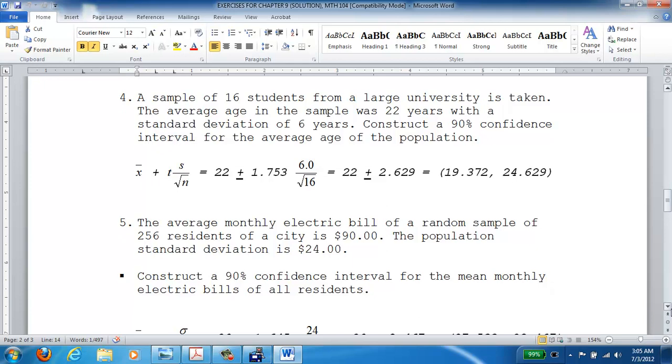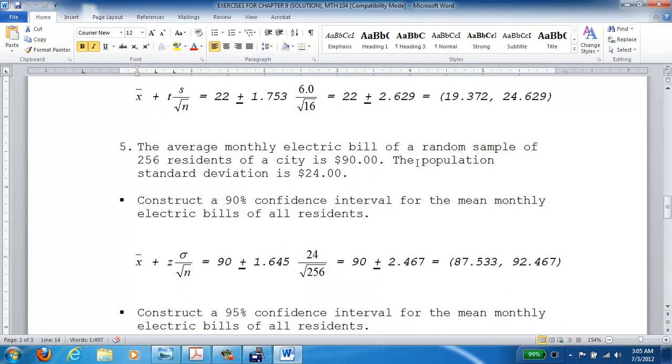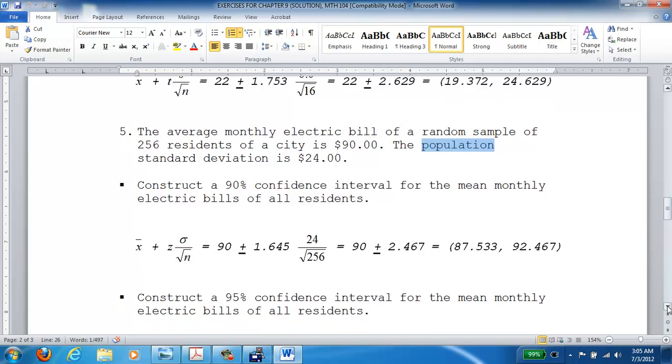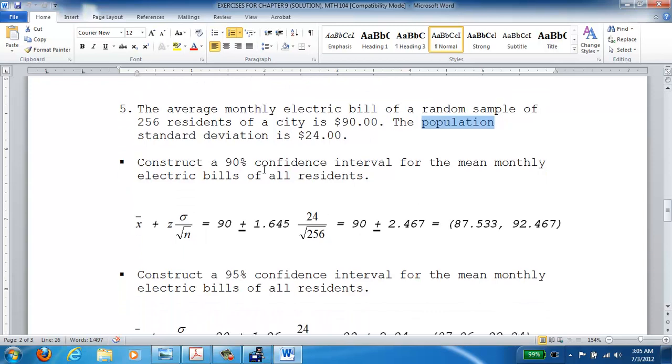Problem number 5. For 5, as you can see, the population standard deviation is given. So we have to use now the normal distribution, the z-table. So for a 90%, we divide 90 by 2. This is going to be 45%, 0.45.